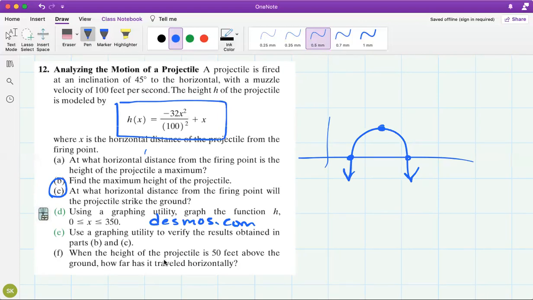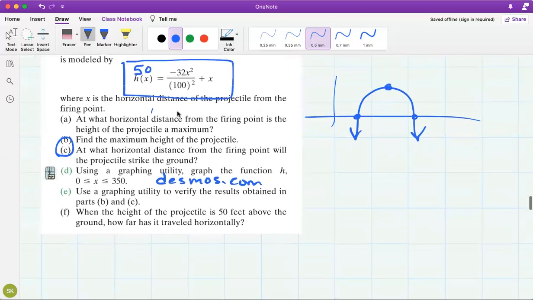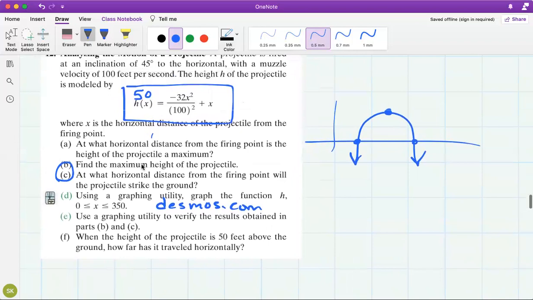So all that means is the height is 50 and x is the horizontal distance. So you're just plugging in 50 here and you're solving for x, and that will give you part F. So if you have a homework problem like this, just follow those instructions I said in this video.